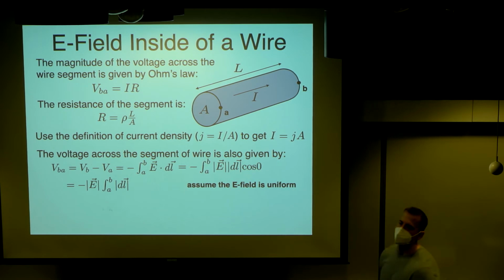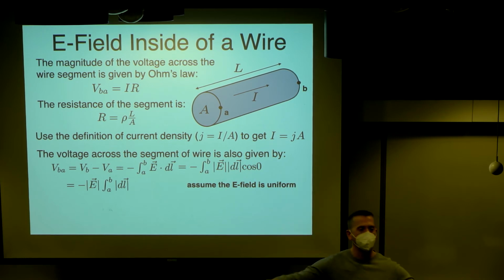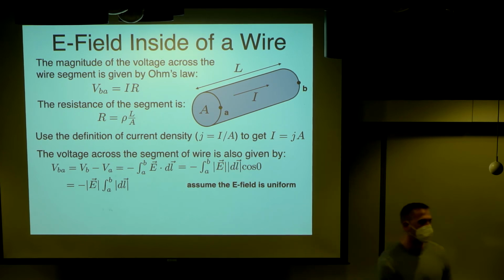What is the result of that? I'm just going to get the length of the wire segment, right? Because dl is just an infinitesimal piece of the overall length. If I add those all up together, I get the total length from point A to point B, which we're calling L.